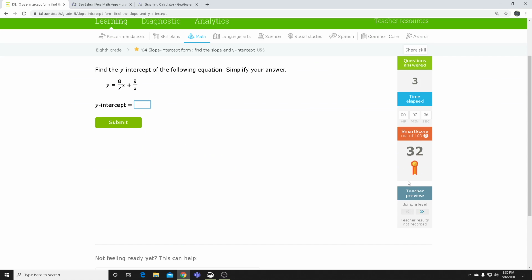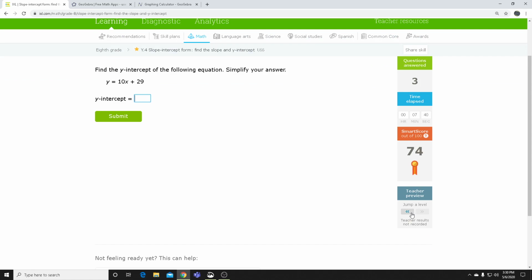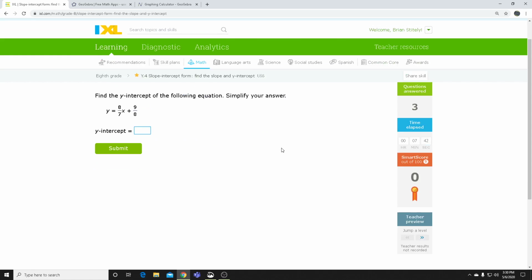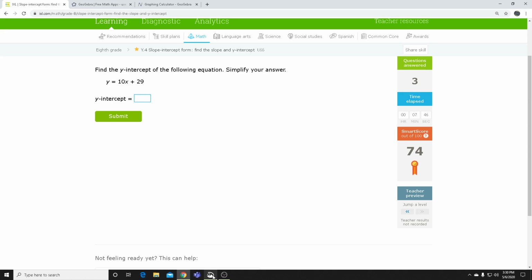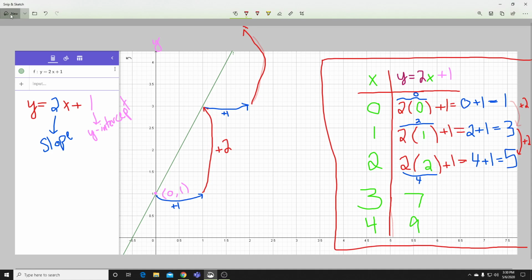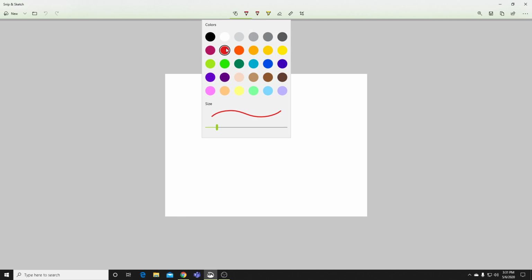Now, let's see. There's a couple I want to talk about. And now they're not showing them, but okay, so I'll just write them real quick, what I want to cover. So what if you had y is equal to negative x plus 10? What's the slope?